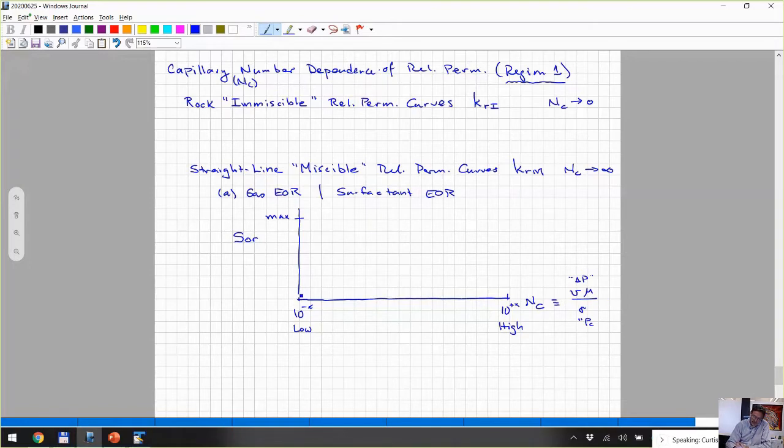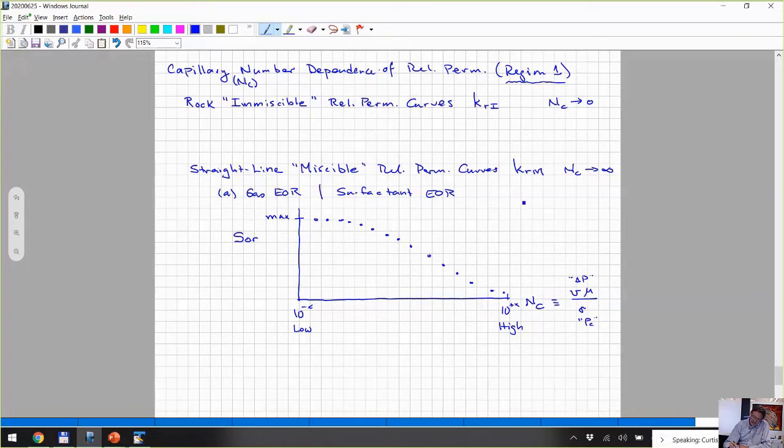What you would see in the laboratory is something like this. As you got to higher and higher capillary numbers, you could see a rock's residual oil saturation dropping down towards zero. It could be from a high velocity or very low interfacial tension. But you didn't commonly see the whole relative permeability curve changing.